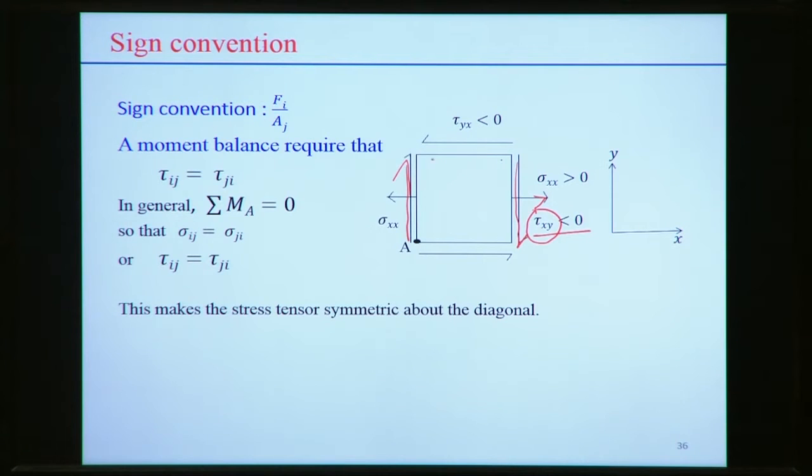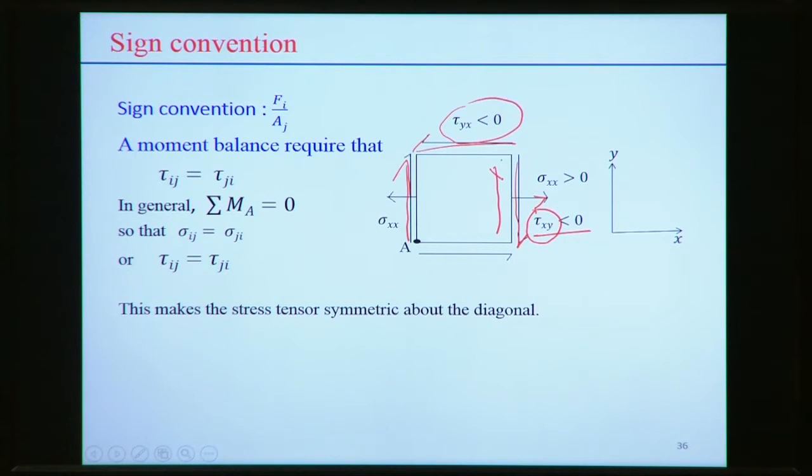Similarly, when we consider this component, it is opposite to the x axis, so one of x and y is in the negative direction, and because of that this component also represents a negative shear stress value. If you want to define a positive shear stress value, it should act in this direction.